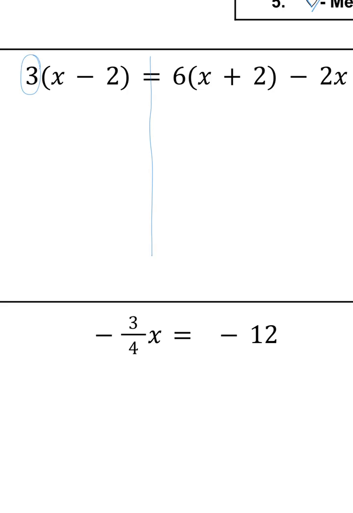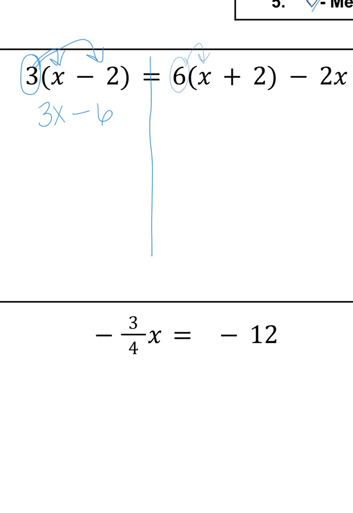The 3. If the 3 jumps the fence to the x, you get what? 3x. Okay, if the 3 jumps the fence to the -2, what do you get? -6. All right, now on the other side of the equal sign, what's out that needs to jump? 6x. Yep, the 6.